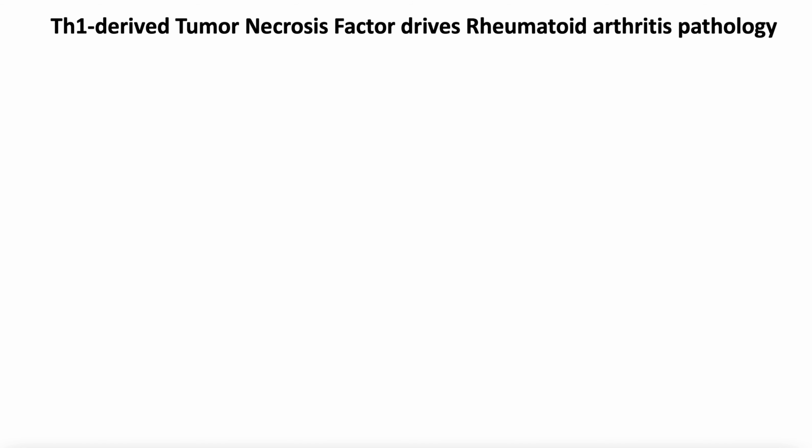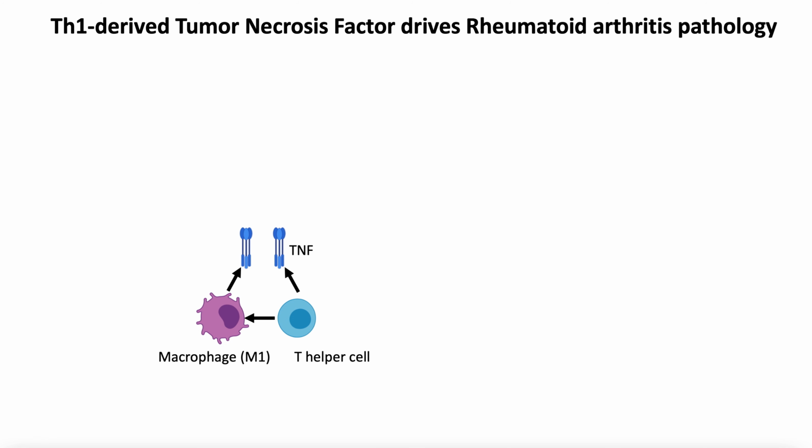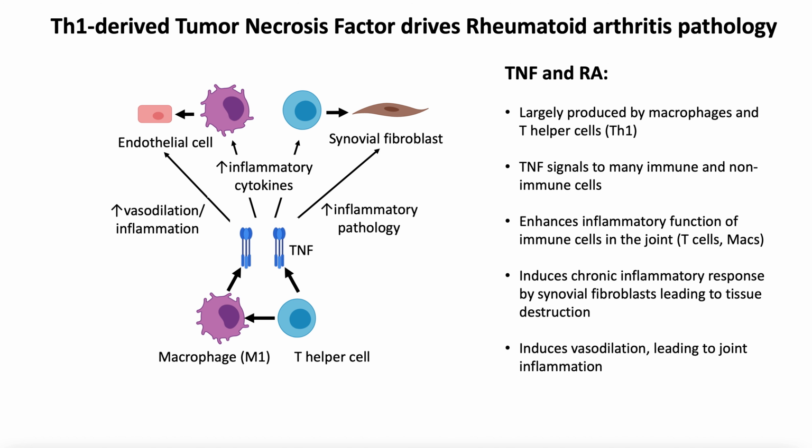Okay. Now, Th1 cells drive rheumatoid arthritis pathology in part through the production of tumor necrosis factor. And so here we have a T helper 1 cell that is making tumor necrosis factor. It can induce activation of macrophages within the joints that themselves can also then produce tumor necrosis factor. And tumor necrosis factor will have a variety of effects.